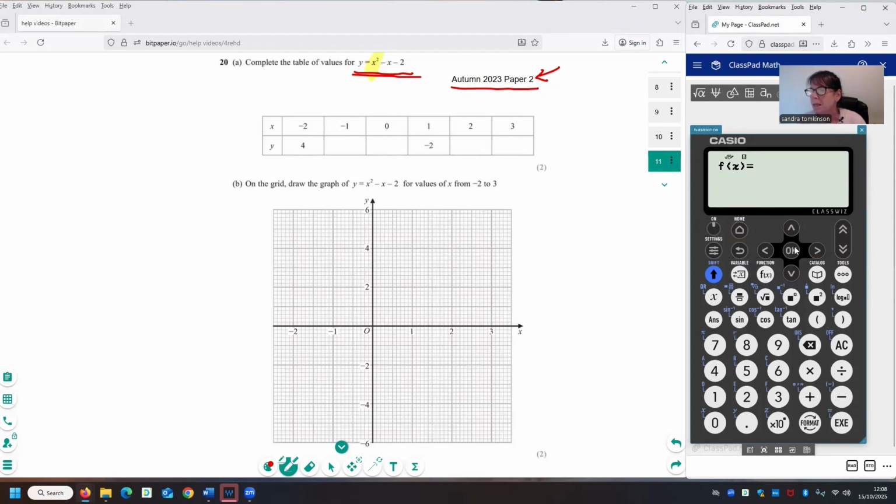Okay. Now the X is here below the shift button. So we're going to press X squared minus X minus 2. So I've just typed in our equation there. And then I press the X button. So it takes me back to the table, but now it knows the equation. So now I'm going to type in these numbers here.